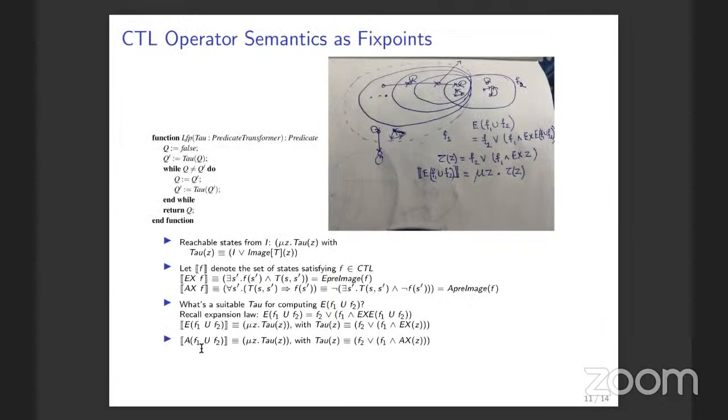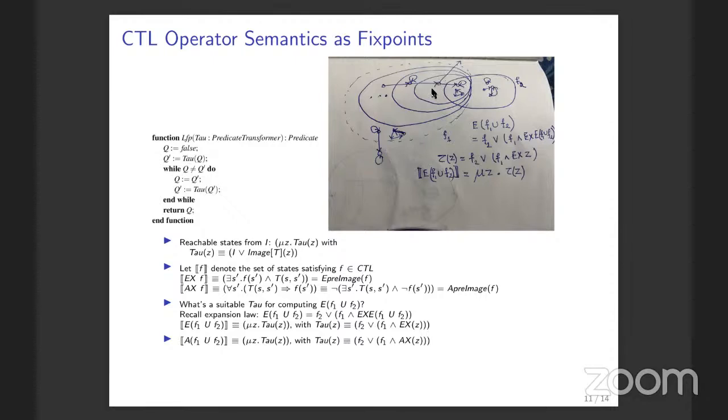So similarly, for characterizing A U as a fixed point, the tau that you need is very similar to this, except that at each step you will have to add to F2 only those F1 states whose every successor leads to something which is in an F2 state.